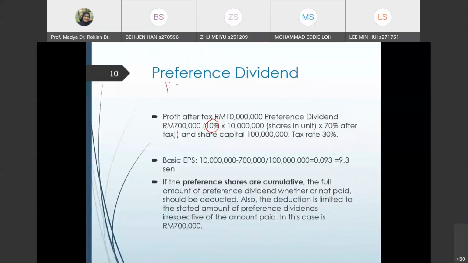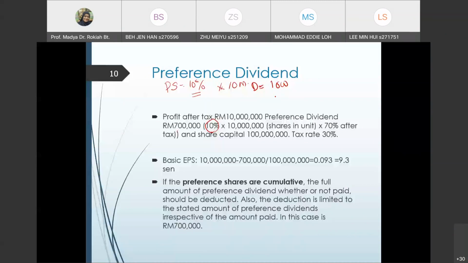So in terms of dividend, they are going to receive 1 million. But this dividend needs to be net of tax. So net after tax, 1 million times 0.7, because the tax rate here is 30%. So you're going to have 700.